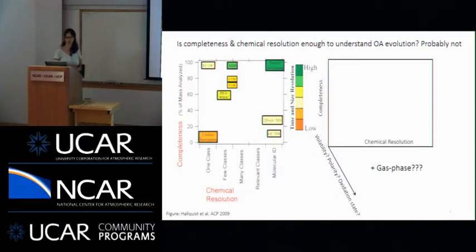So that's what my research group is really going after. What we would love would be an instrument that would give us complete chemical resolution, one that would give us all of the molecules in the atmosphere, and one that would give us information about volatility and polarity and oxidation state. Now, I wouldn't want to think about analyzing the data from that instrument, but of course that's what we're really after.